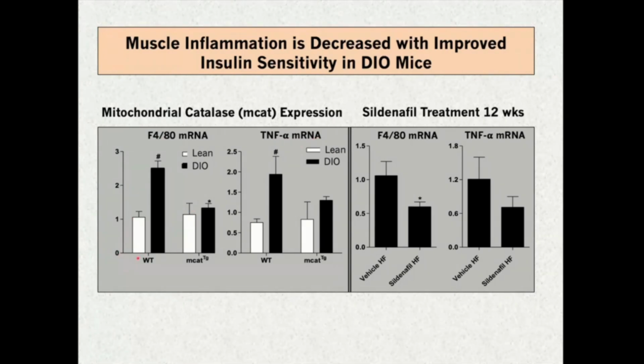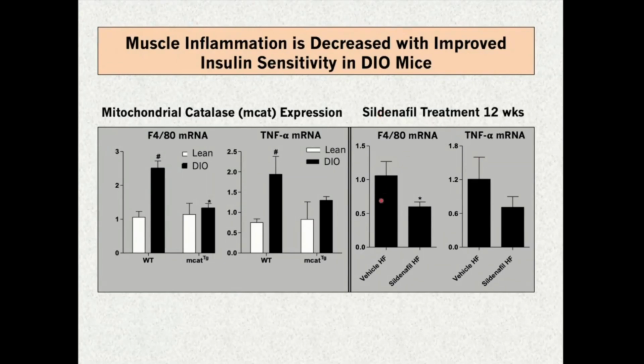The open circles are lean, dark, or DIO. The markers for inflammation are increased with DIO mice, as you might expect. And this is from muscle tissue. Now, when we made the animal more insulin sensitive with catalase expression in the mitochondria, we normalized these inflammatory markers.